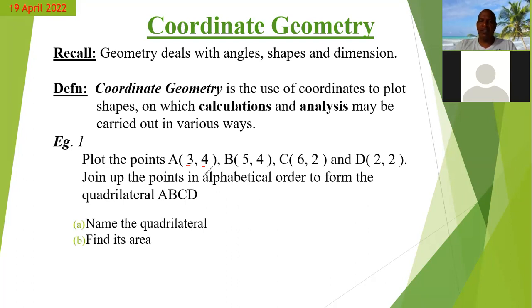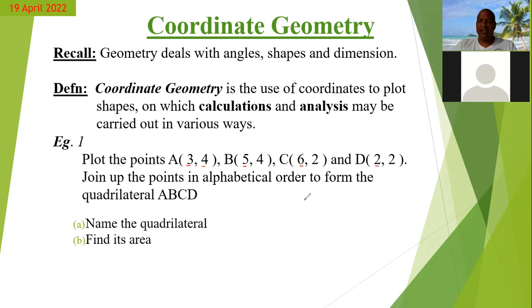All right, so first we need to determine the largest value of x, so we can extend our x-axis to accommodate that largest value. If you look at the x coordinates, in A, x equals 3, in B, x equals 5, in C, x equals 6, and these are positive, and in D, x equals 2.